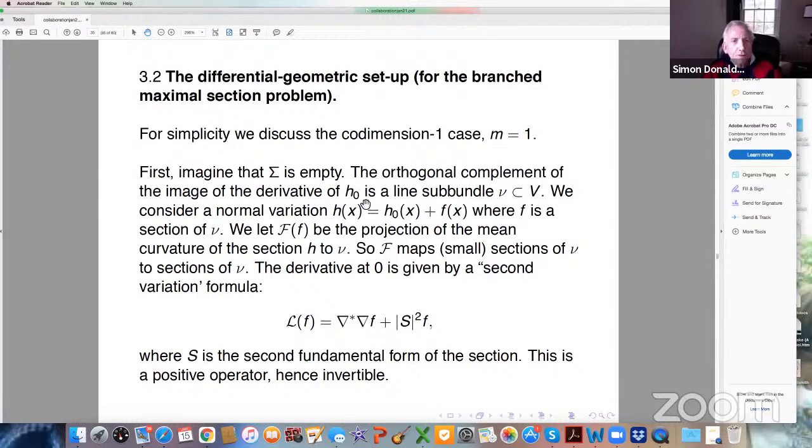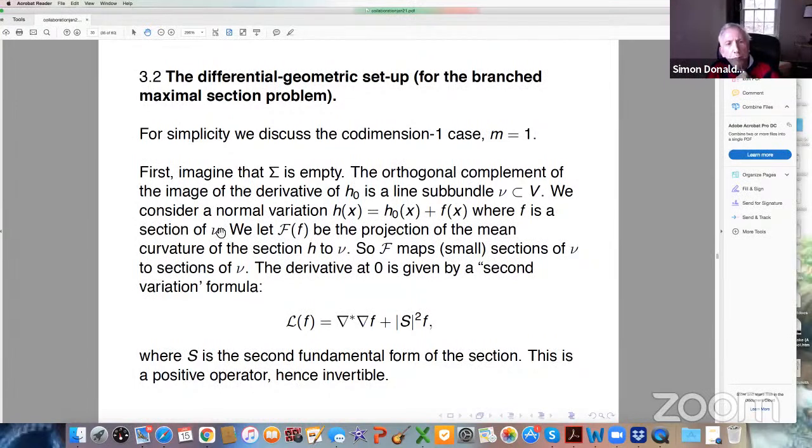So our hypothesis is that the derivative of our section maps into a codimension 1 vector subspace in the fiber, so we can take its orthogonal complement, which will give us a line subbundle, nu. Then we would consider varying our section by adding on a section f of this line subbundle.